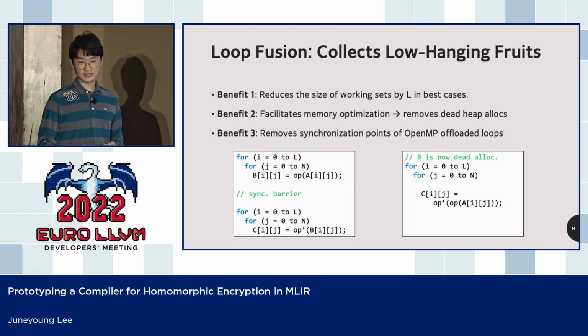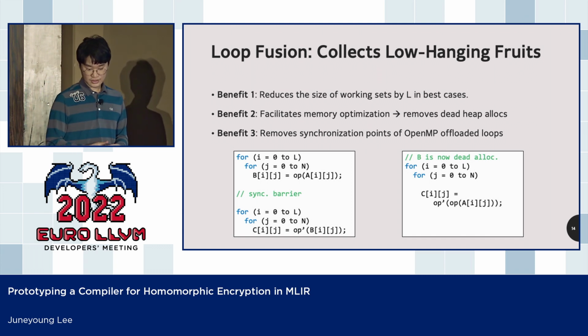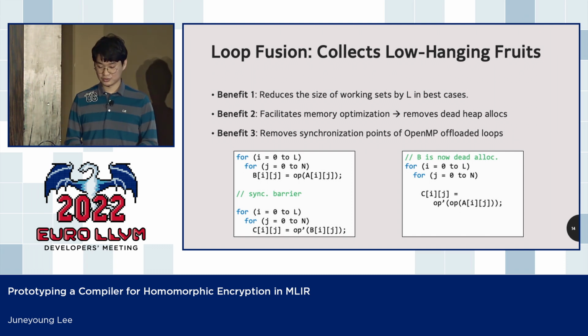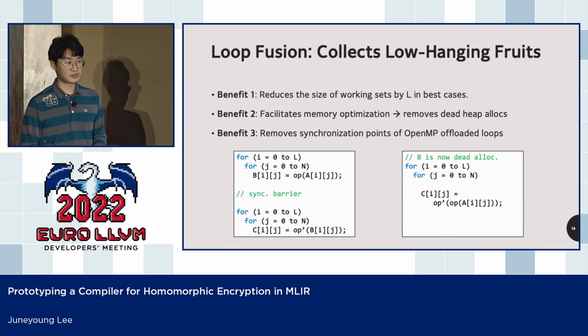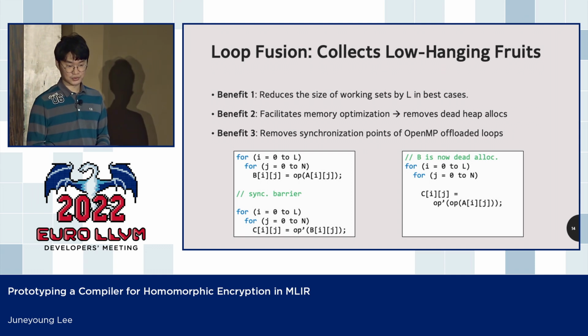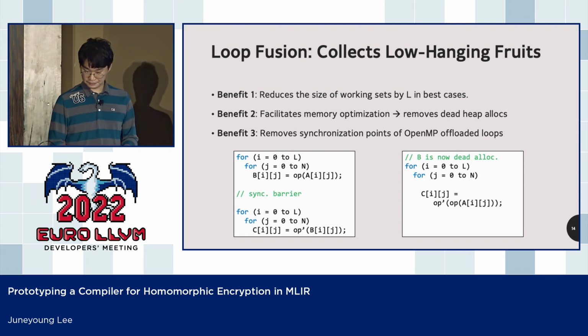And this is important because in the case of HE, buffers are pretty large. The third benefit was that, as you can see, the synchronization points of OpenMP offloaded loops are removed. And this was pretty helpful in improving performance for multi-core operations.